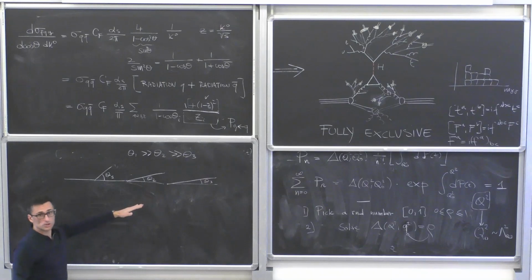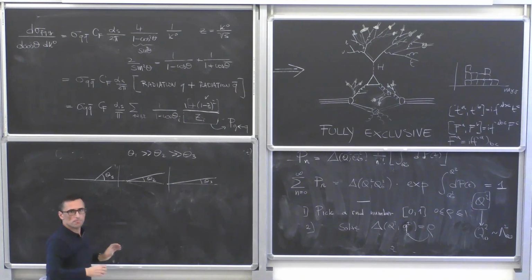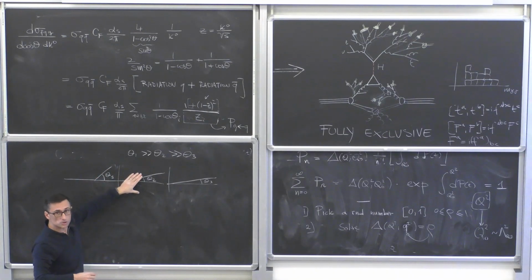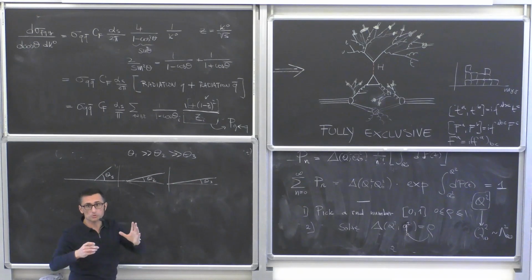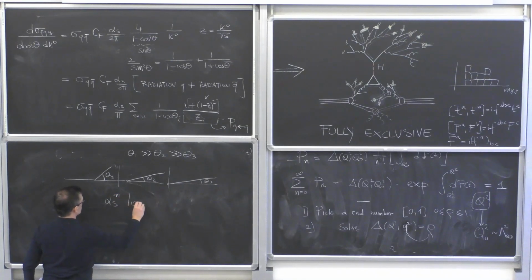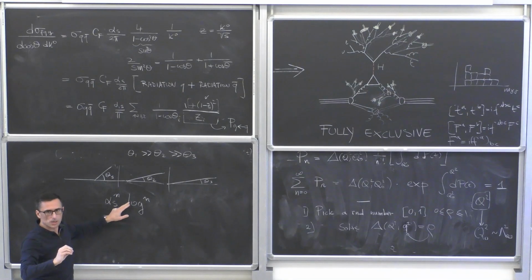If it's strongly ordered, you are doing a leading approximation. You're breaking it here, and you are iterating these three, and you're keeping only, right? So here you develop a log. Here you develop a log. Here also, you're taking the log of each one. So your expression in each perturbative order is alpha s to the n log to the n. Okay? You never have the so-called subleading. So the expression they're using is like this. For each alpha s, there is a log. And this we call leading log.